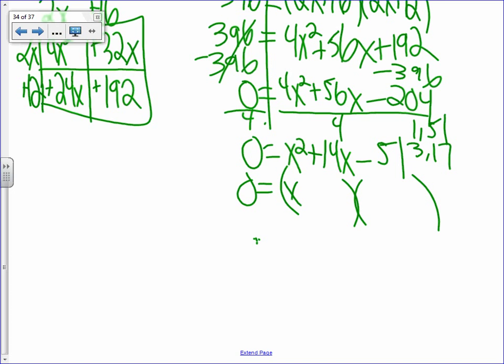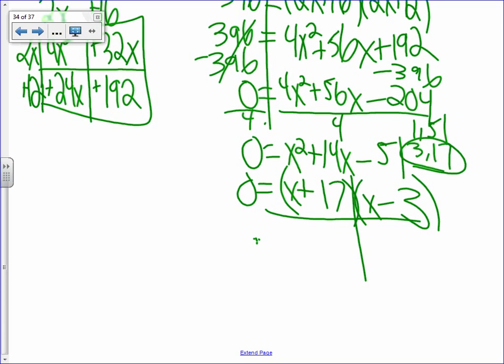So x plus, x minus, which pair subtracts to 14? 17 and 3 is. Sorry, I froze up there a little bit. Had my doubts about 51, but math never lies.